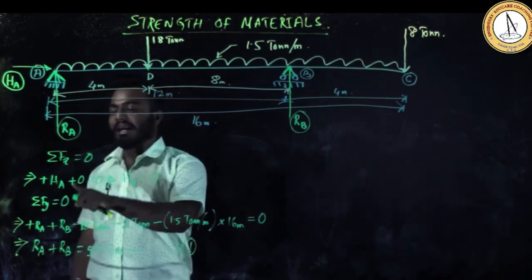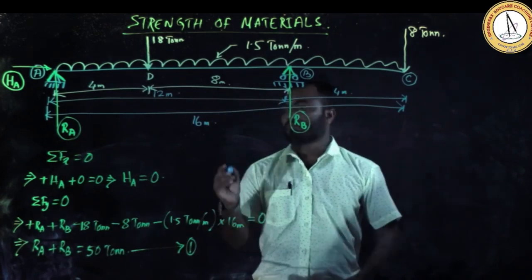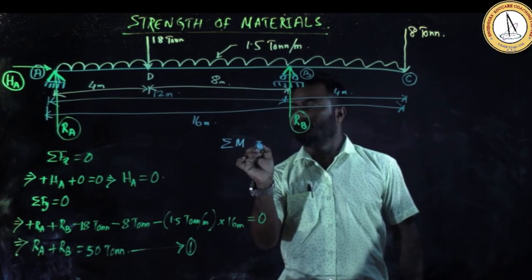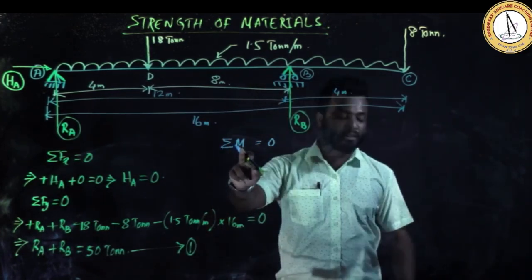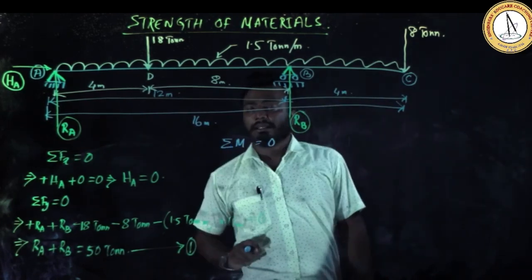We need to go to the third equilibrium equation, which is summation of M is equal to 0. I need to sum all the moment about a point, any point.